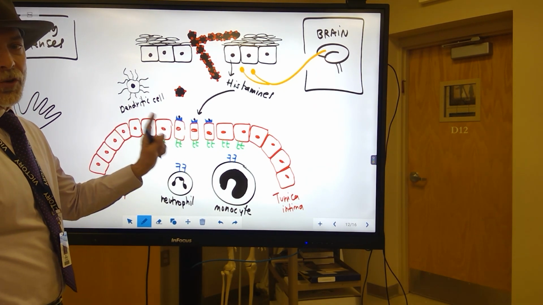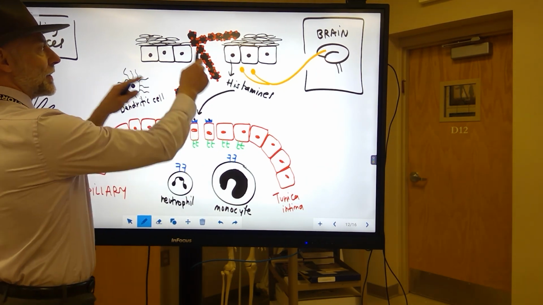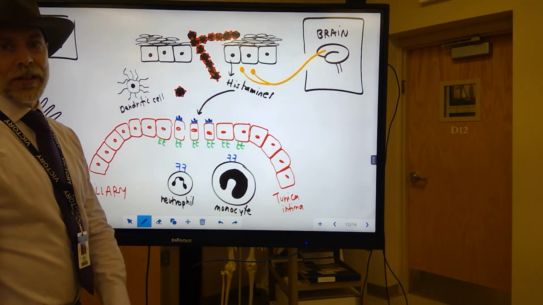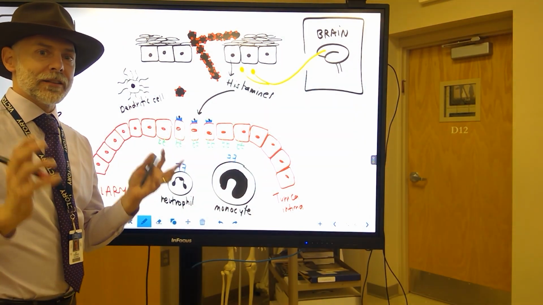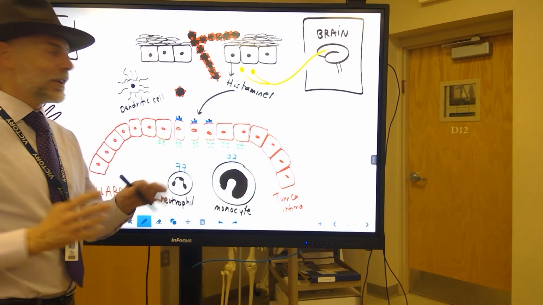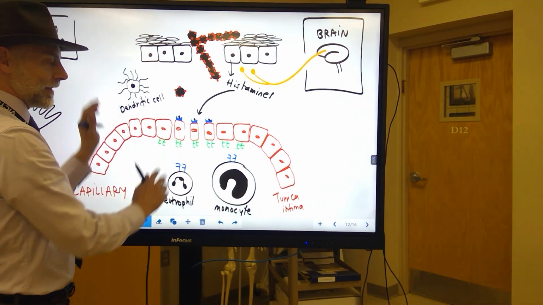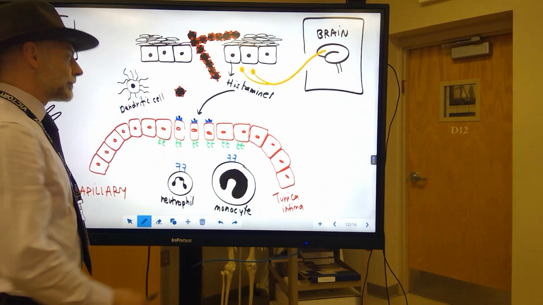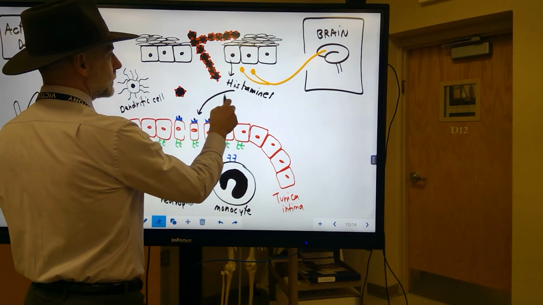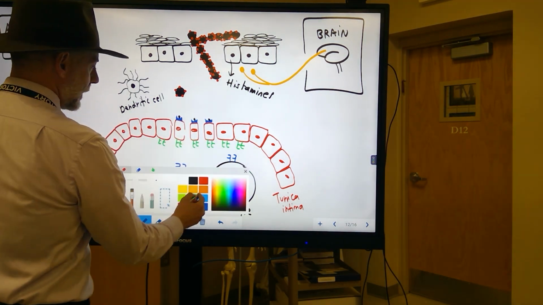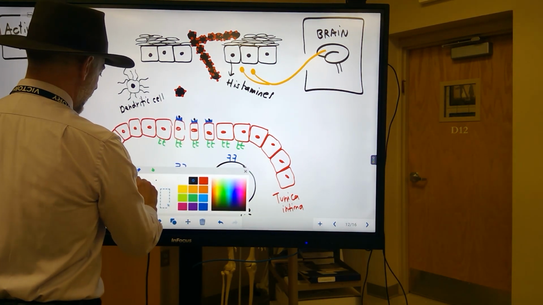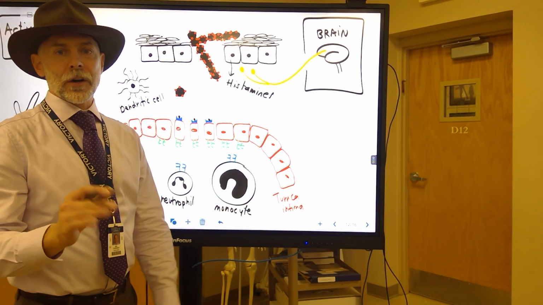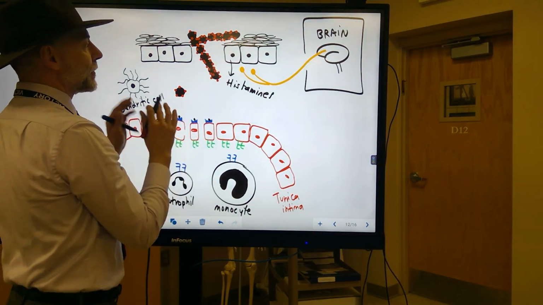But today's question is, how do we attract defenses to get rid of these streptococcus bacteria in the first place? How do we activate the defenses to get rid of these invaders? All right, so first part of the story. These cells release histamines.